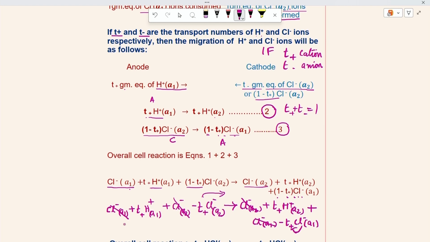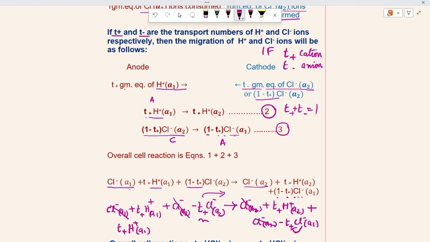So, finally, I will get this as t+ of H+ of activity 1. Okay. Now, only two terms are there. This term I am going to take to the other side, and this term also I am going to bring to this side.